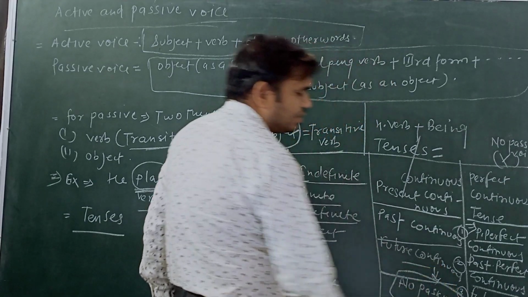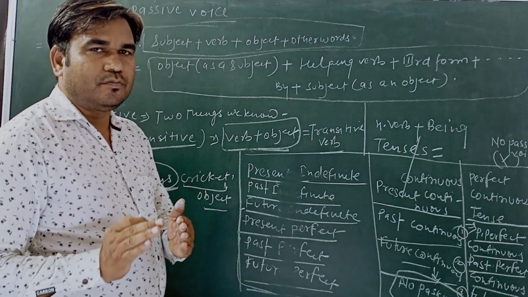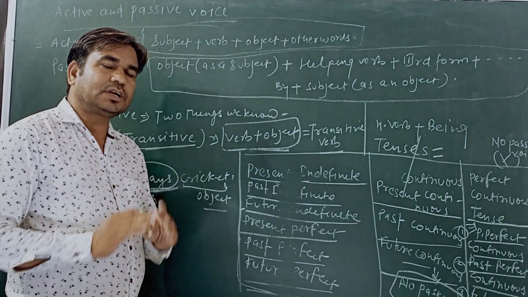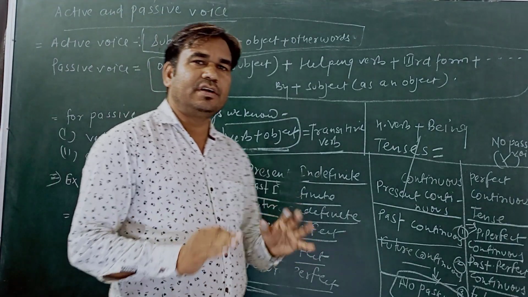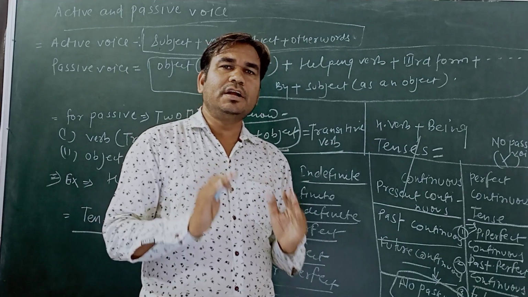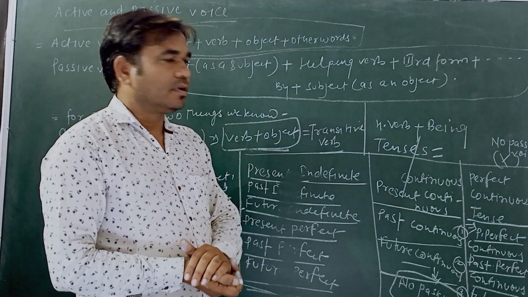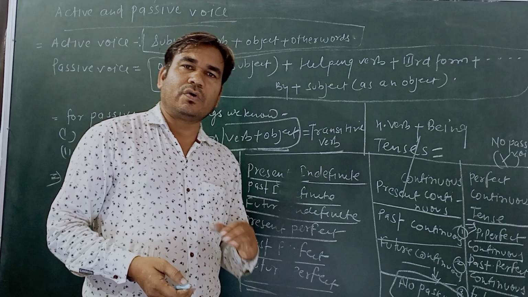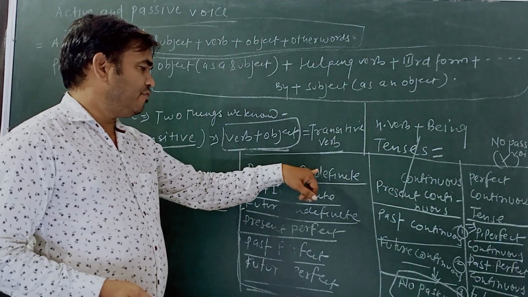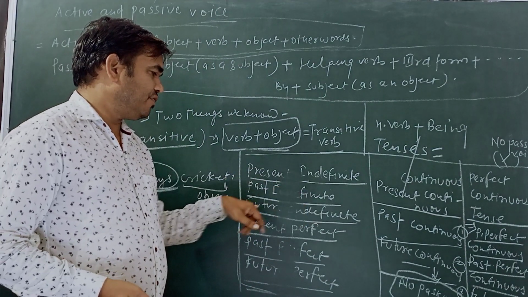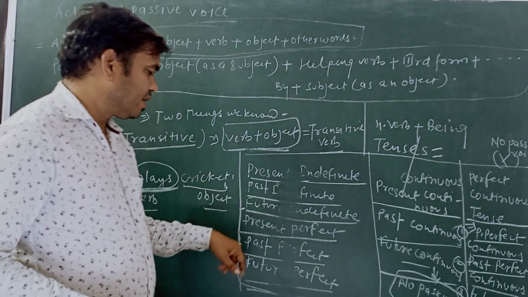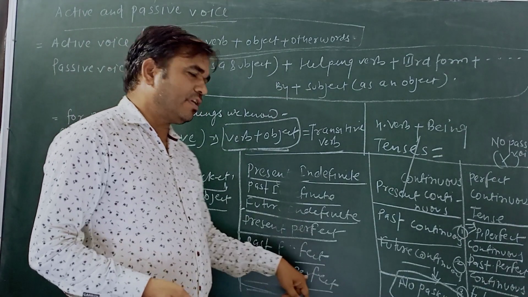So here you see, students, we should convert the total tenses. Here 12 tenses are given, and we have to convert to passive voice only for present indefinite, past indefinite, future indefinite, present perfect, past perfect and future perfect.